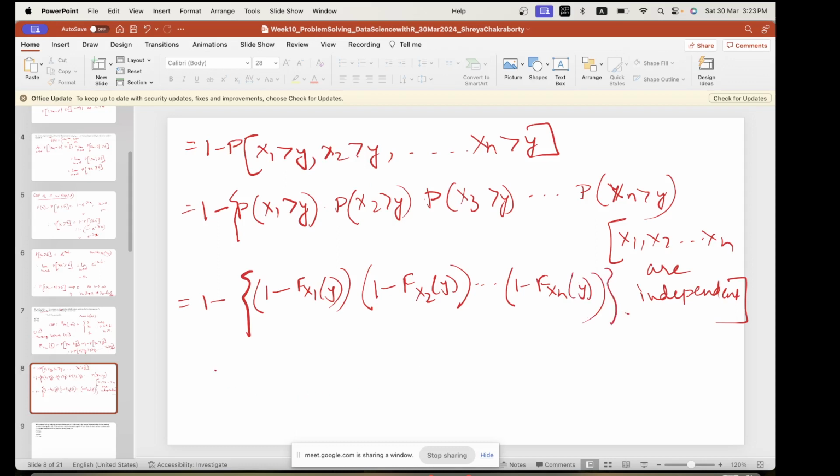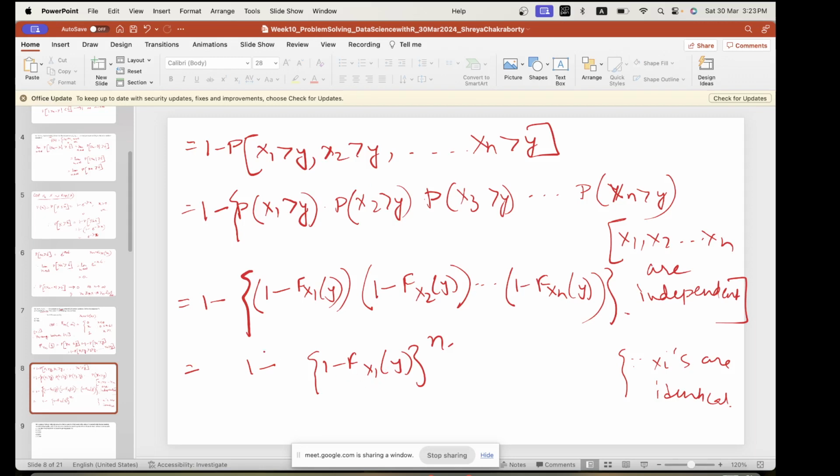Okay. Now since the Xi's are identical, we can write this as 1 minus [1 minus F_X1(y)] to the power n.